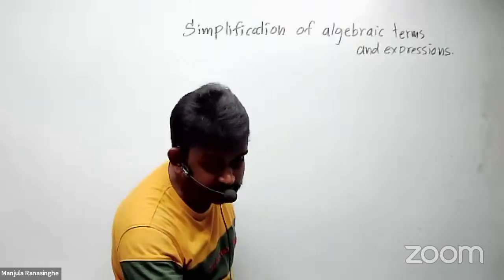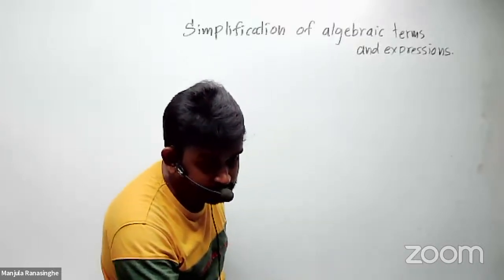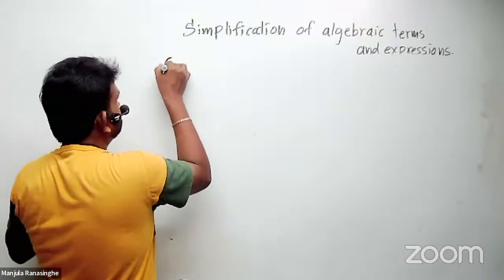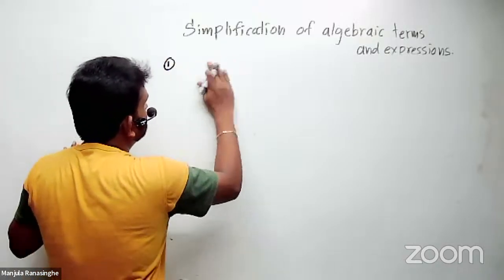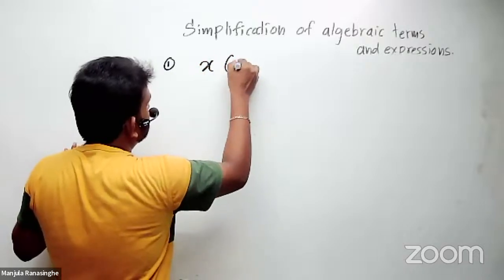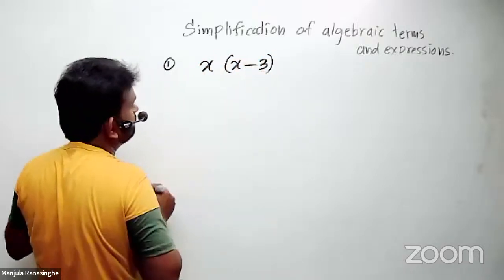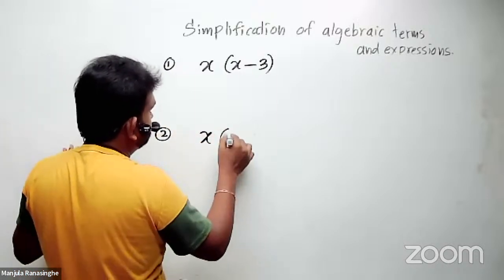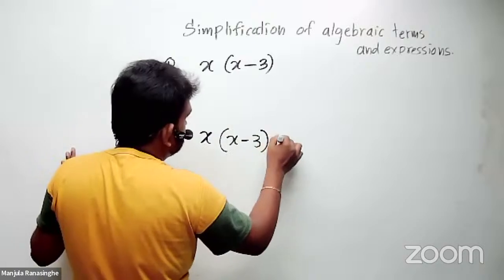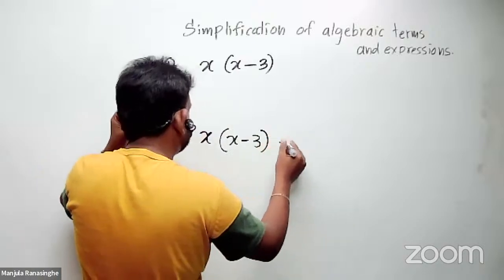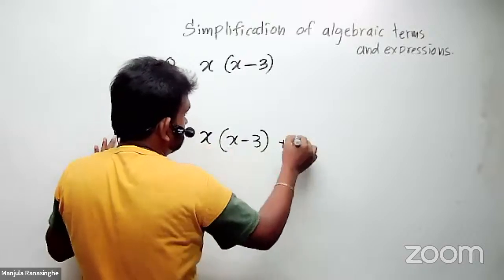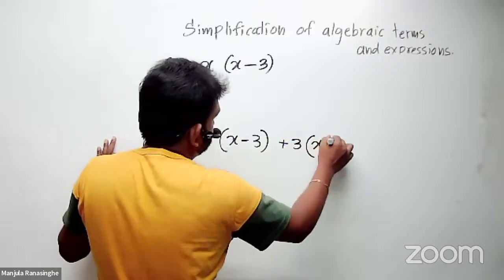Now we will check this type of simplification. See there. Further, first example: x into (x minus 3) plus 3 into (x plus 2).